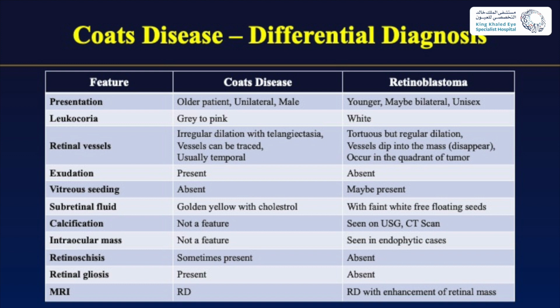Subretinal fluid texture and composition is different between the two conditions. Calcification is a feature of retinoblastoma. Intraocular mass can be seen in fundoscopic exam in endophytic cases of retinoblastoma. Retinoschisis and retinal gliosis are features of Coats disease, and in MRI there will be an enhancement of the mass in retinoblastoma.